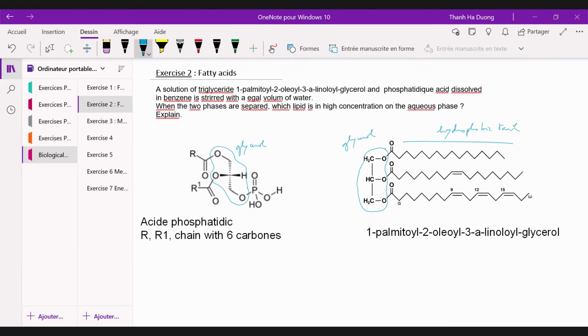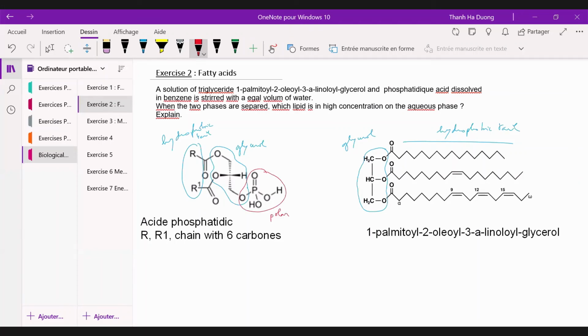Or the fatty acids linked to the glycerol are hydrophobic tails. Here also you will have hydrophobic tails, even if the chains are shorter because you have only 6 carbon, but it will be hydrophobic. But the more important is that you have a phosphate group which corresponds to a polar head.